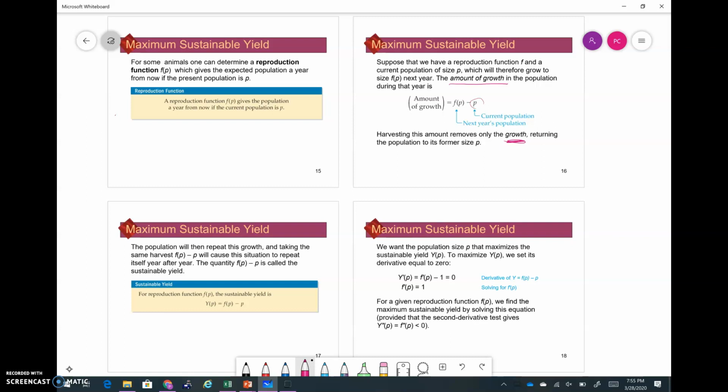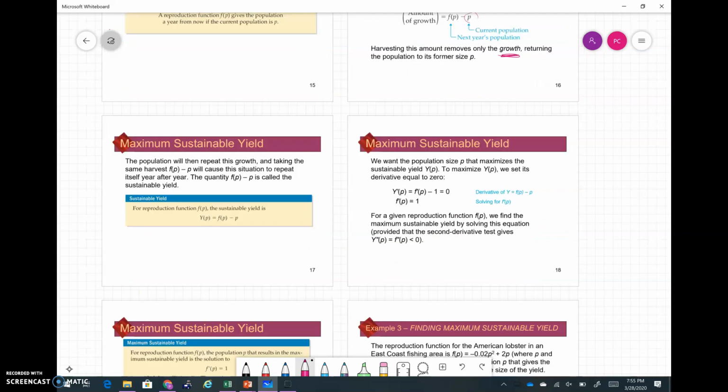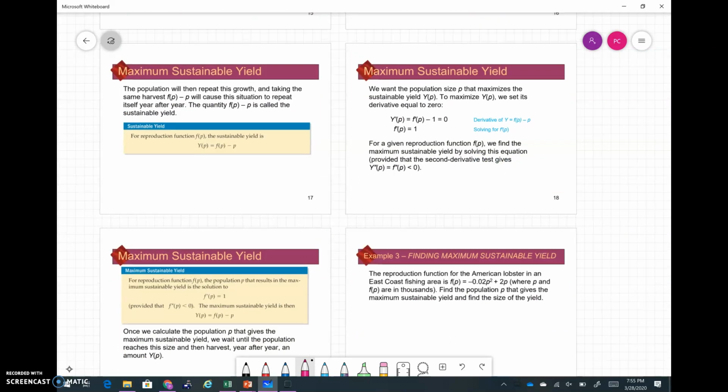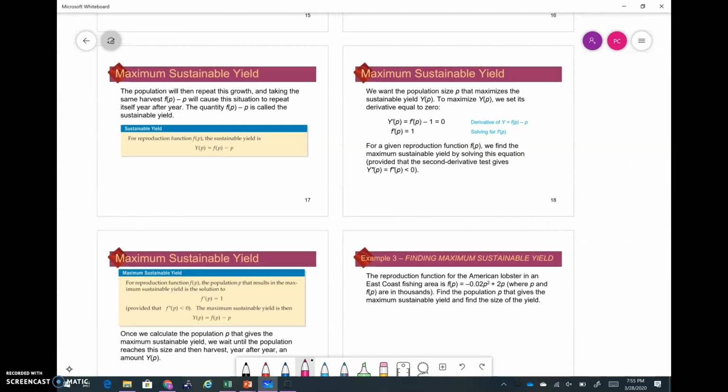So if we have this setup, what that gives us is what we call sustainable yield. The population will then repeat this growth, and taking the same harvest, f of p minus p, will cause this situation to repeat itself year after year.